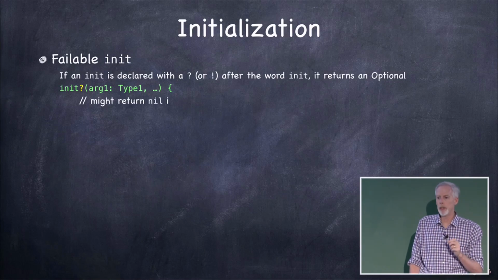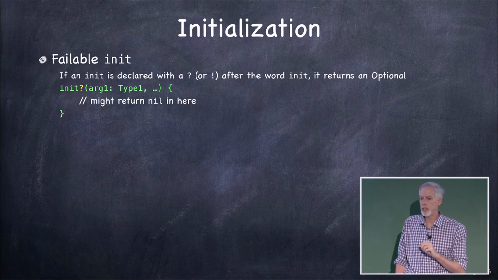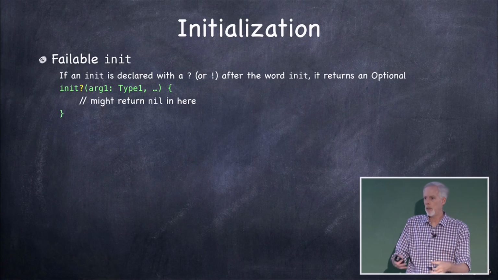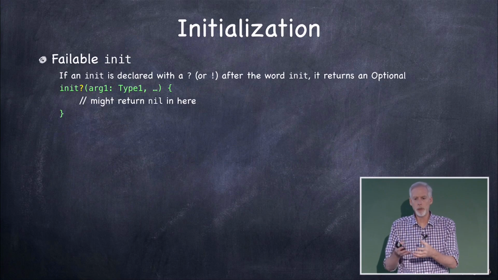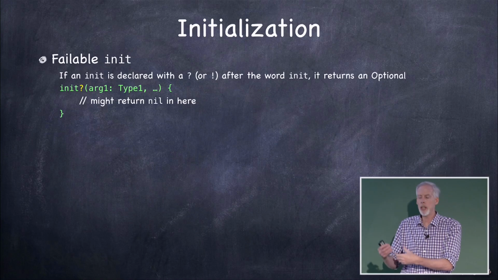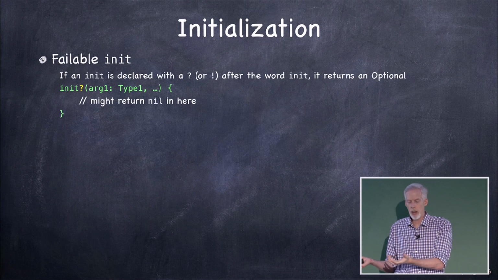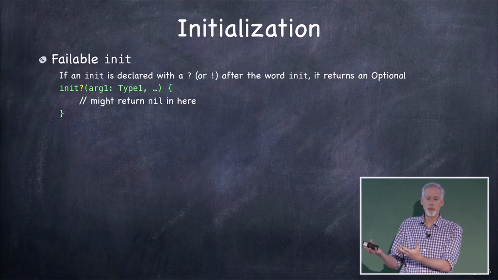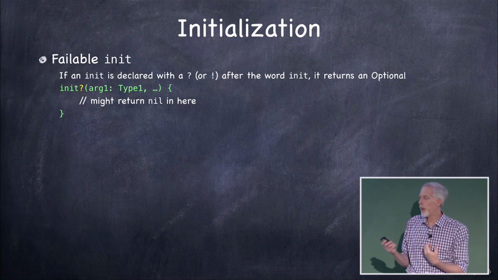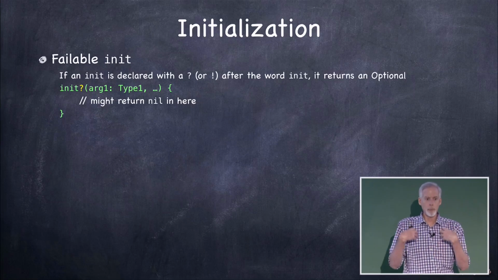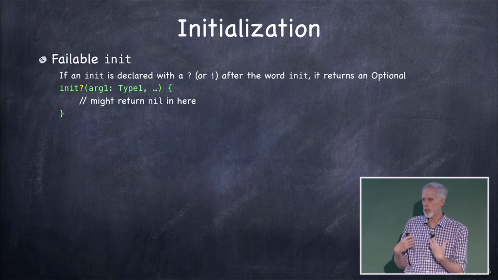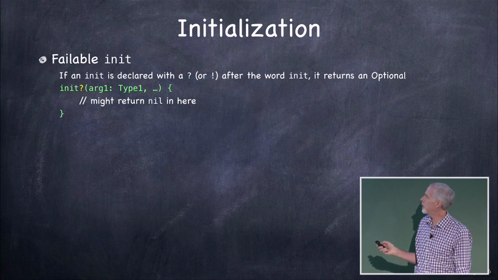All right, failable initializers. It is possible for an init to fail. We saw this with Double. If you pass a string to the initializer, if Double has an initializer that takes a string, and you pass a string that's not a double, then it will fail and return nil. So failable initializers cause optional versions of the thing to be returned, and you specify them with this little question mark.